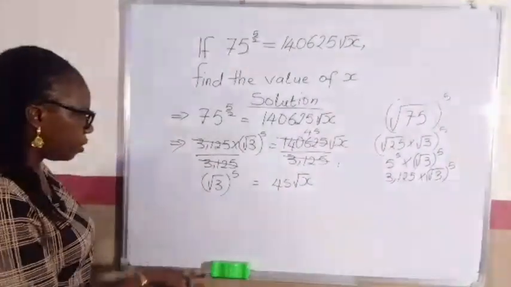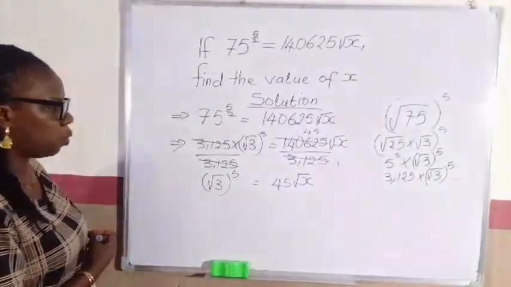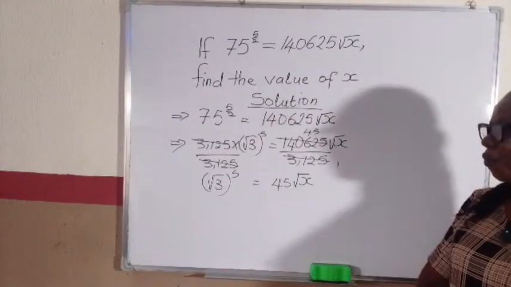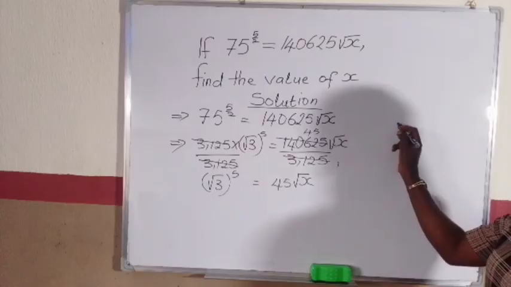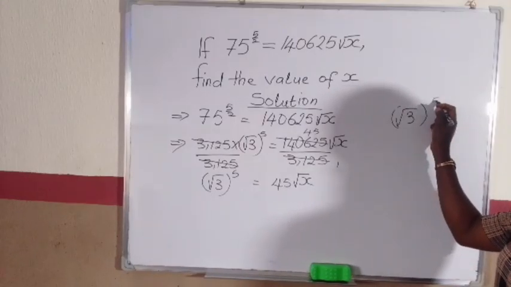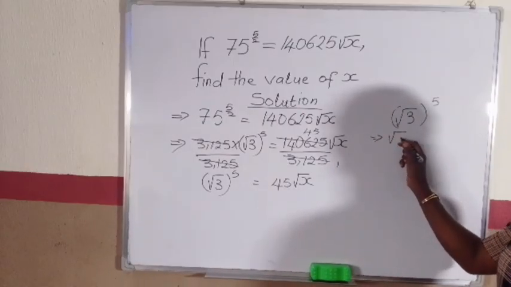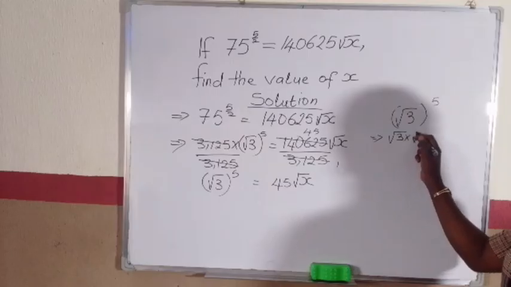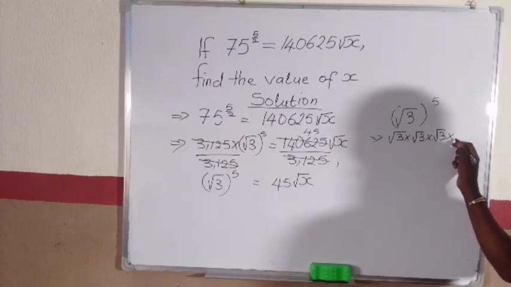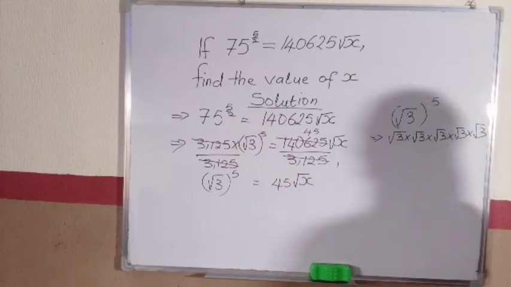Alright, in order to continue, we have to simplify this so that we can compare the two sides of the equation effectively. This is square root of 3 raised to the power 5. So you can expand this as square root of 3 times square root of 3 times square root of 3 times square root of 3 times square root of 3.